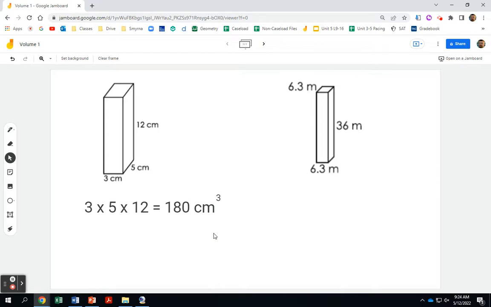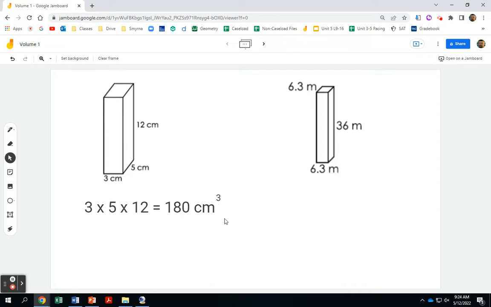That means 180 cubes, which are 1 centimeter by 1 centimeter by 1 centimeter, would fit in this rectangular prism. Who's got a question?